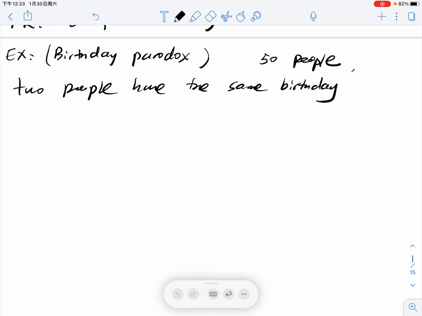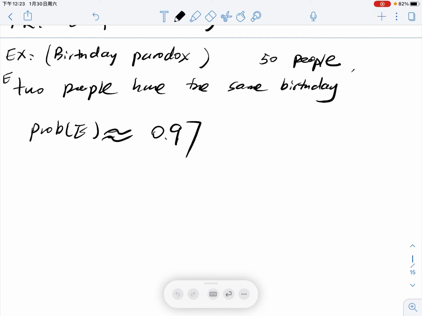And then the probability is, I can't remember, so E is the event that 2 people have the same birthday. The probability of E is almost 0.97.